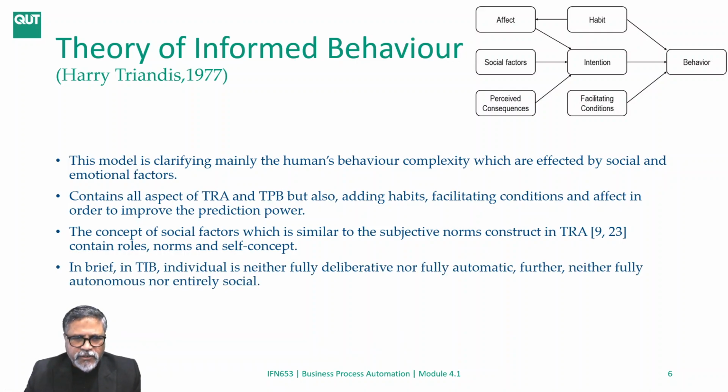So in general, in the theory of interpersonal behavior, an individual is neither fully deliberative nor fully automatic, neither fully autonomous nor entirely social. So each individual is different, and we need to understand individual behaviors, and that was the focus of theory of interpersonal behavior.